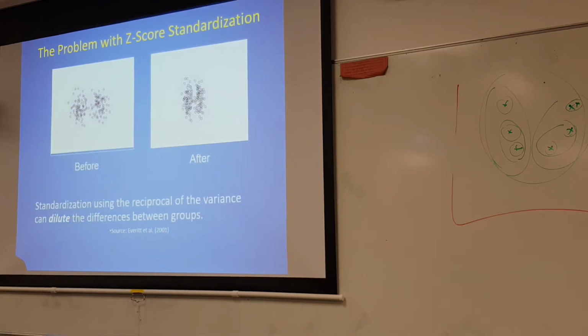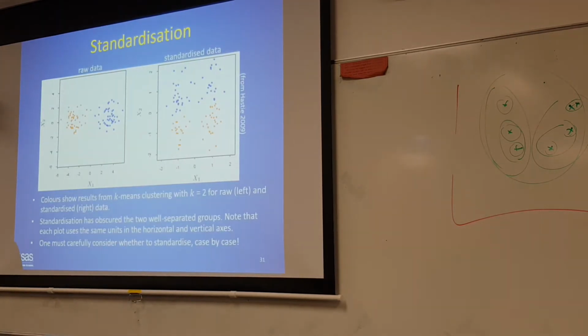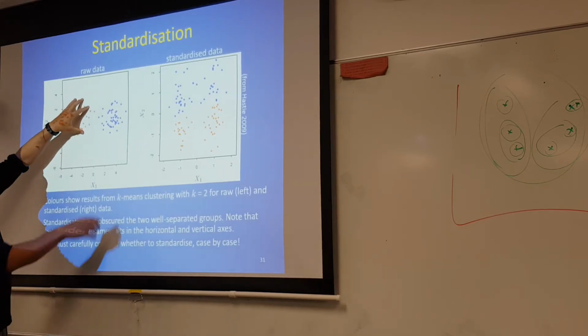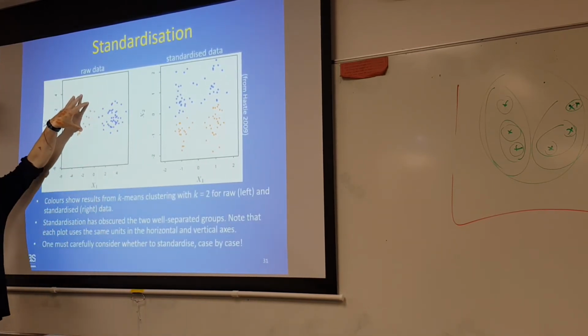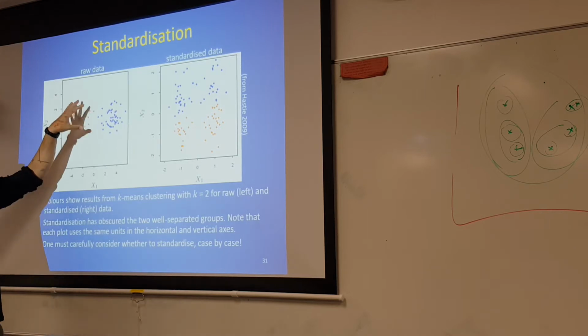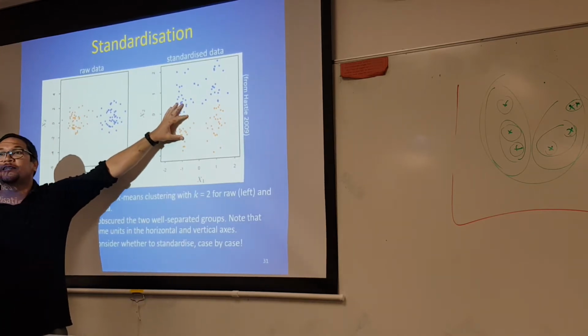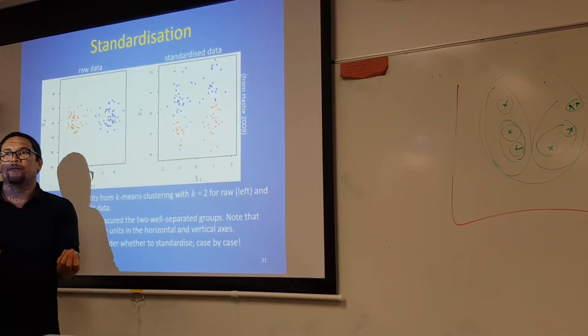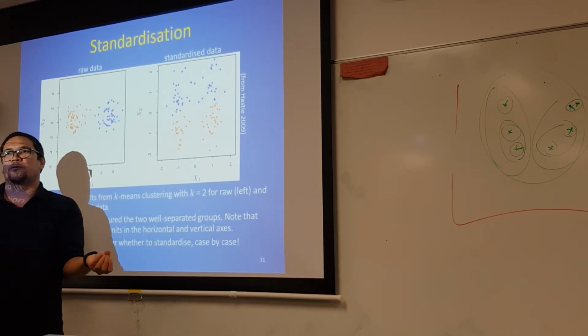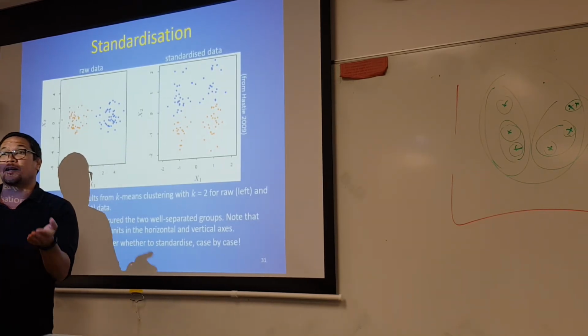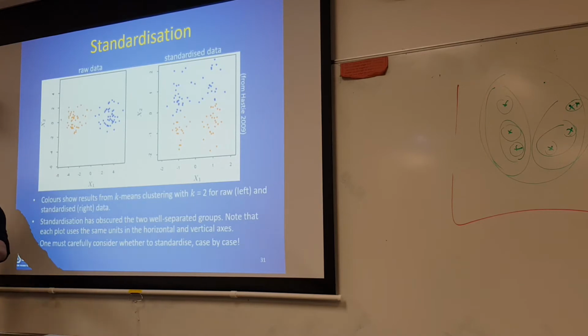Let's go up a slide, because this is basically the same slide. These guys would say, hey, look, this is one cluster, and that's the actual solution you get. Whereas after standardization, it's not clear to the algorithm what's different and what's not different. So it actually has an impact not just on the visualization, but on the clustering algorithm itself.